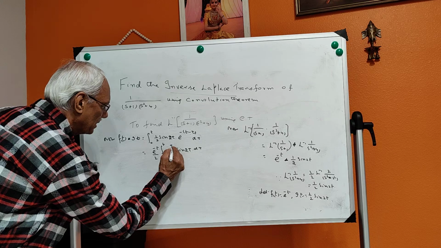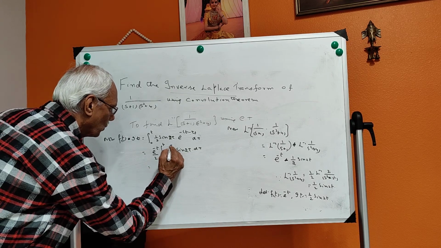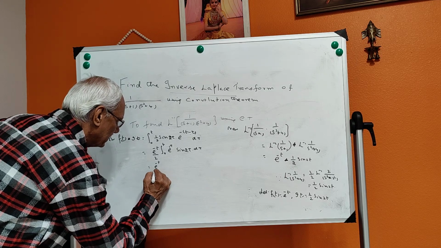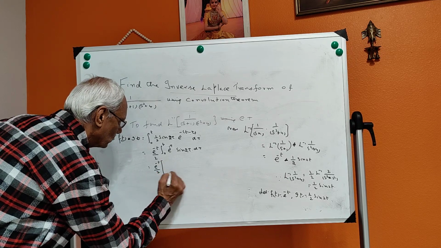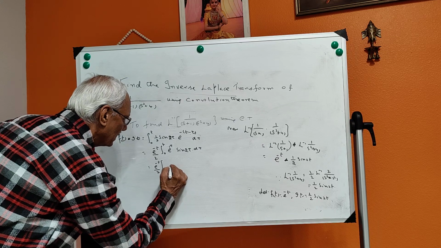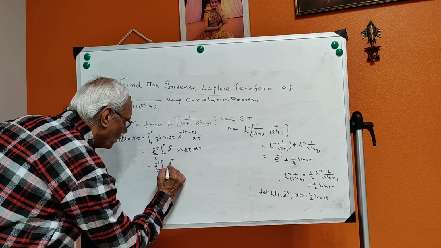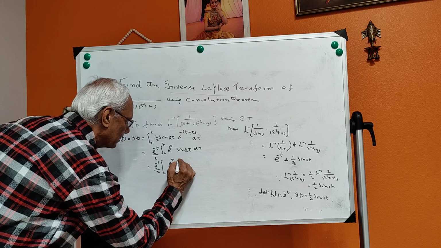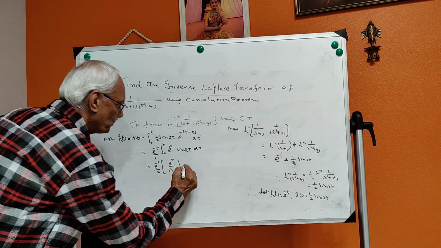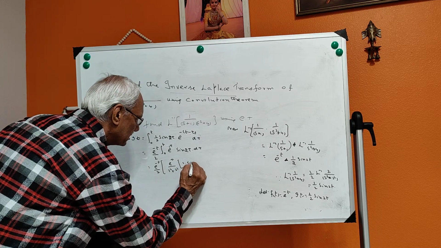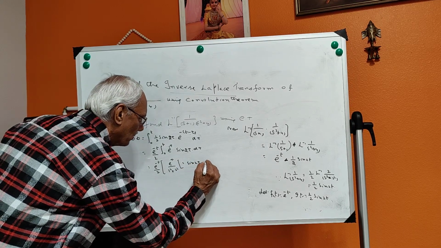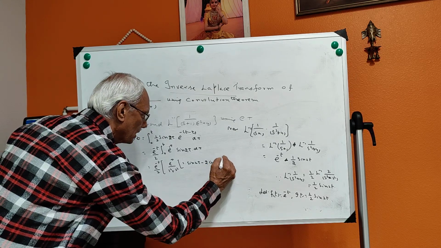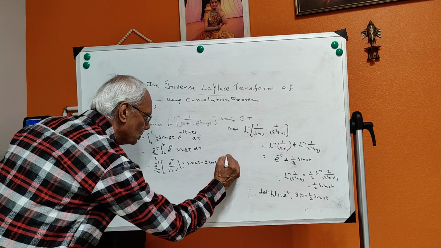So this is e to the power of minus t divided by 2 into e to the power of tau divided by (1 square plus 2 square) into (1 into sine 2 tau minus 2 cos 2 tau), with limits from 0 to t.